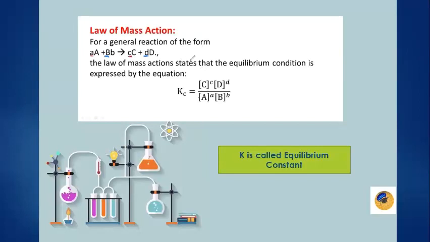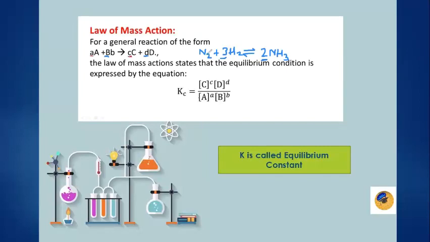So for example, let's take the same example we have been using for this lesson, N2 + 3H2 reversibly gives 2NH3. So here the 3 would be a stoichiometric coefficient and 2 would be a stoichiometric coefficient.